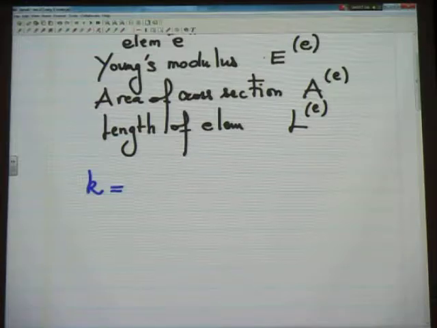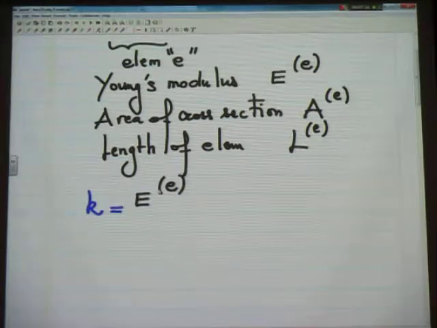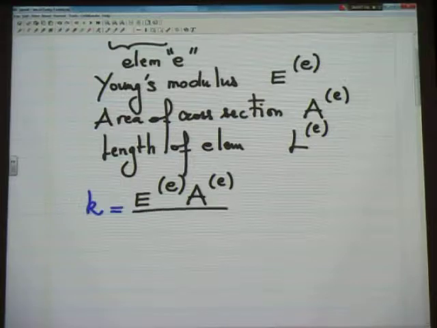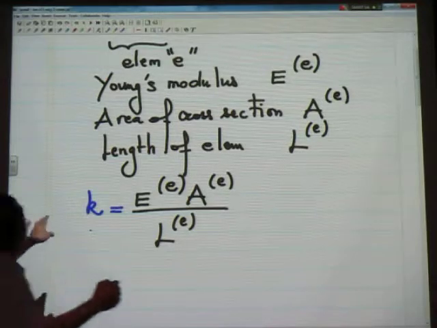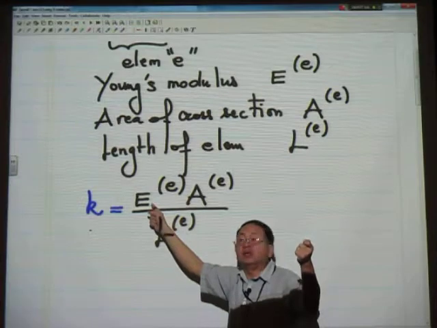So K is written as the Young's modulus E, times A, divided by the length L. So physically you can see that the spring constant would be higher if you have a stronger material, meaning higher Young's modulus.